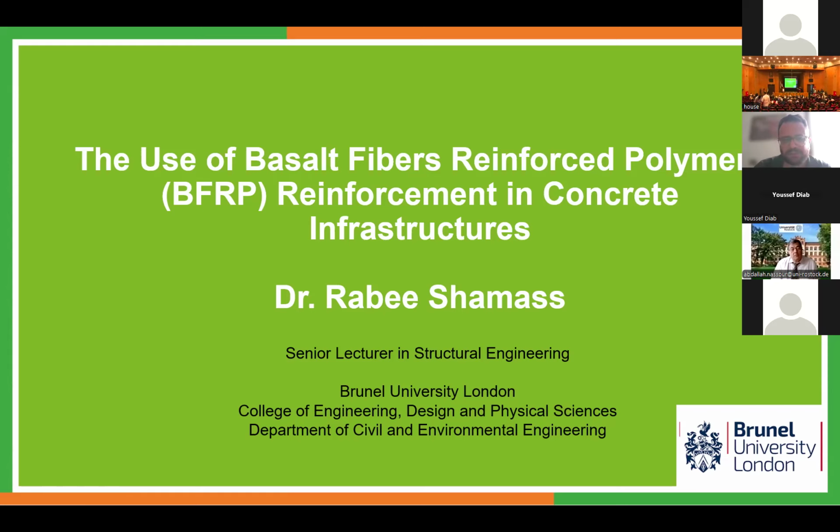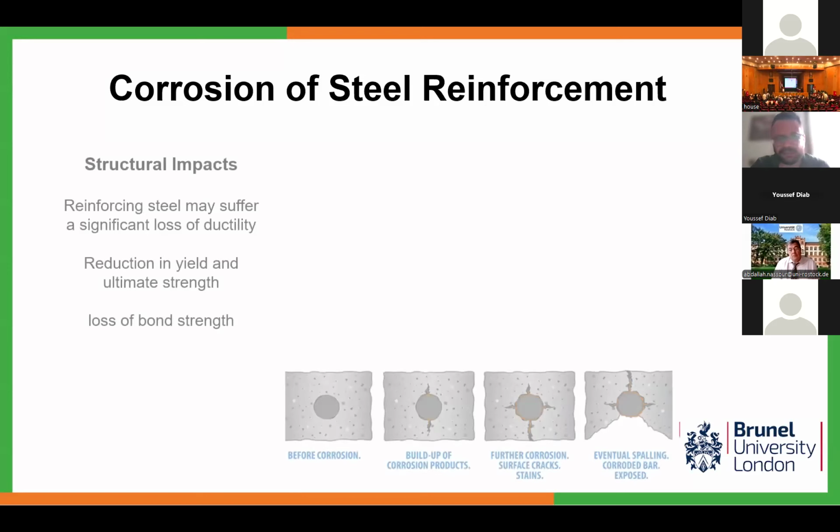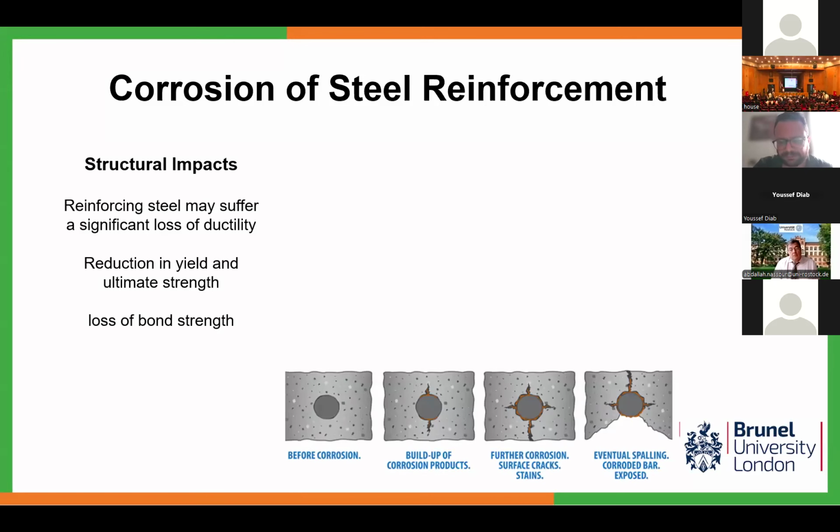My presentation is about the utilization of basalt fiber reinforced polymer in concrete infrastructures. So why do we need to use basalt fiber reinforced polymer? Over the last 7 years, I've been investigating the utilization of basalt fibers as a sustainable construction material. So what is the problem with corroded reinforcement?